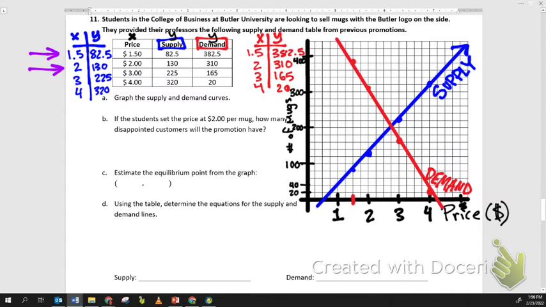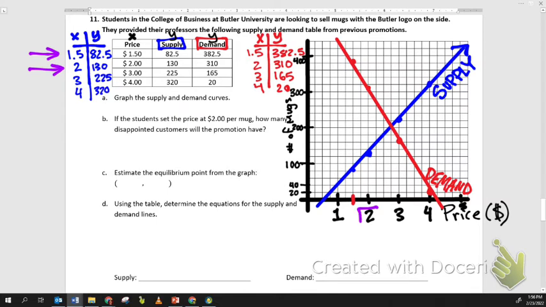Part B says if the students set the price for mugs at $2 per mug, how many customers will be disappointed? How many disappointed customers will the promotion have? So I have a few places that I can look. One is on my graph.